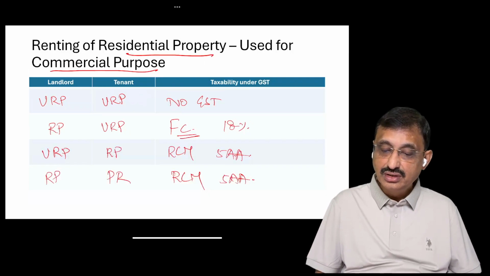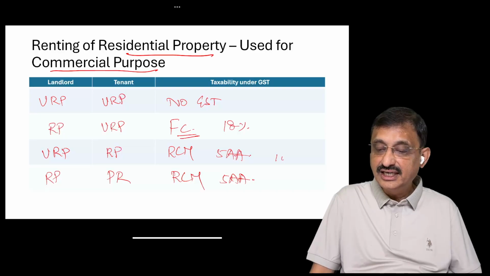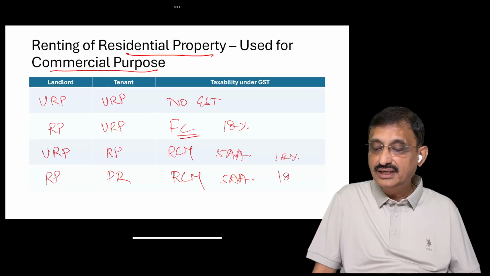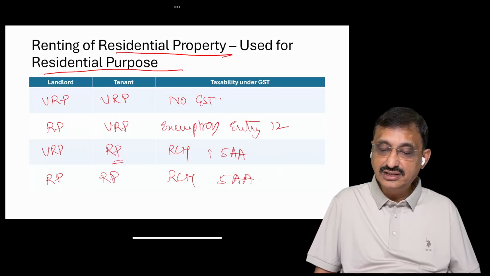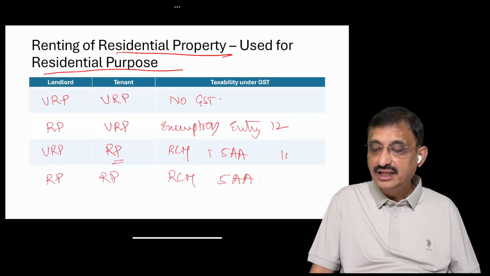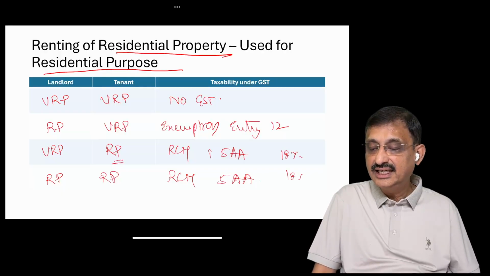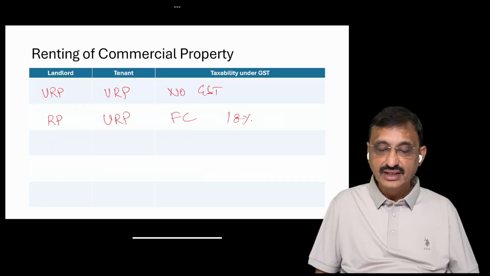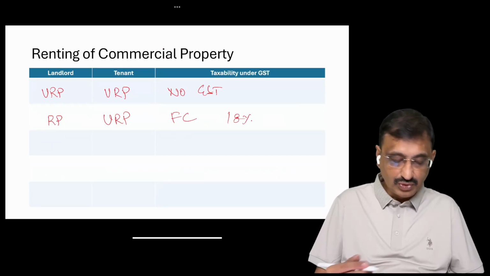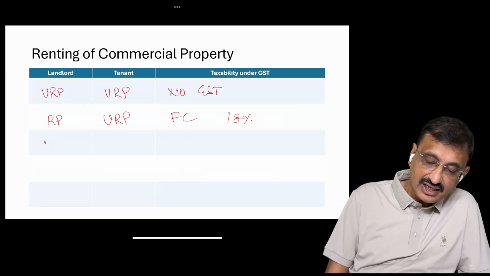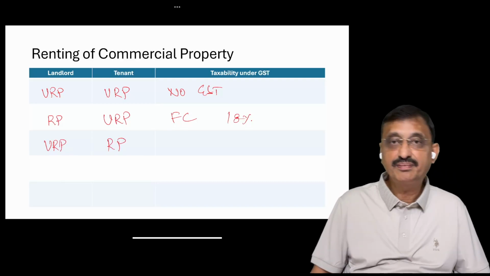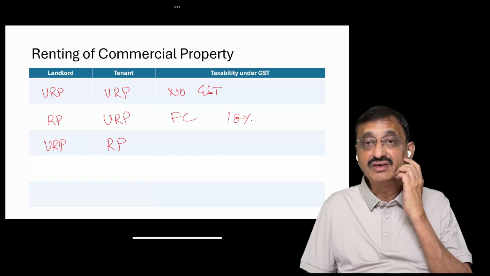Here also, whenever RCM comes, the rate of GST will be 18%. Okay, now we'll move on. The landlord is an unregistered person and the tenant is a registered person. What will happen?